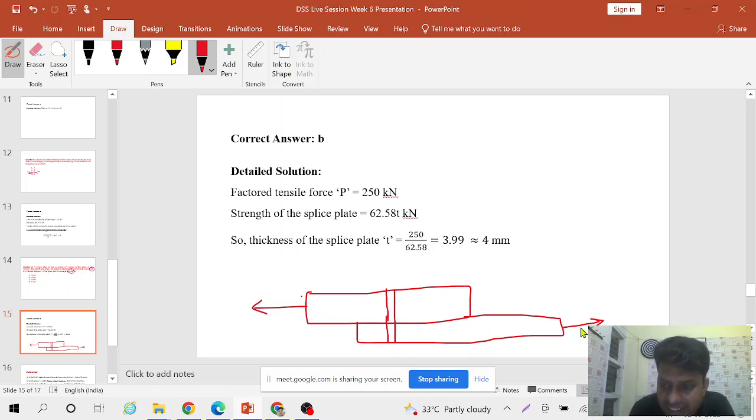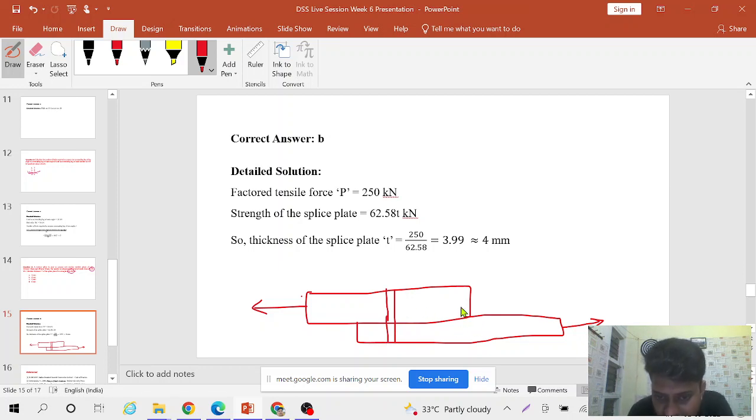If you are applying tensile loading, the tendency of this plate will be to move this side and the tendency of the other plate will be to move the other side.